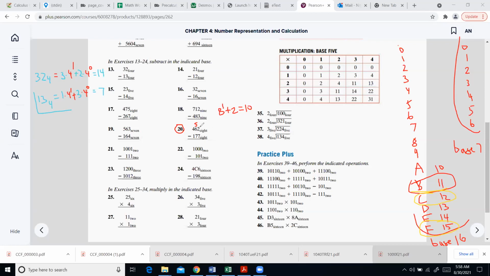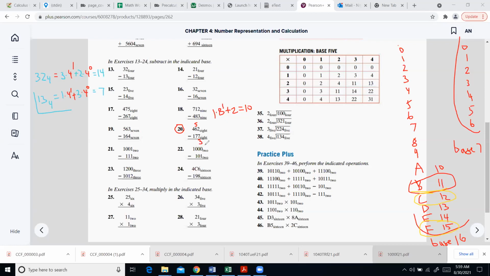So notice I had to borrow because 7 is definitely larger than 2. And when I borrowed 1 of higher power of 8, which is 8 to the first power, so it was just 1 of them, and put it on the top of 2, I ended up with a 10 in the base 10 system, and then subtract 7 from it. So when I subtract 7 from 10, I get 3.